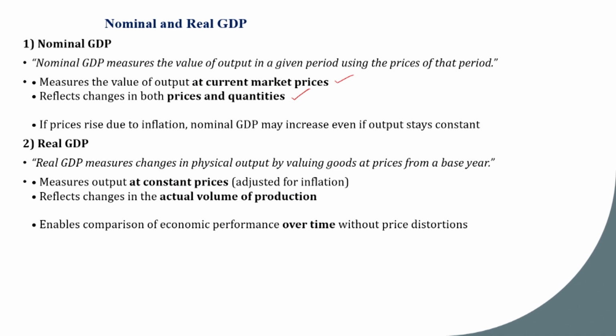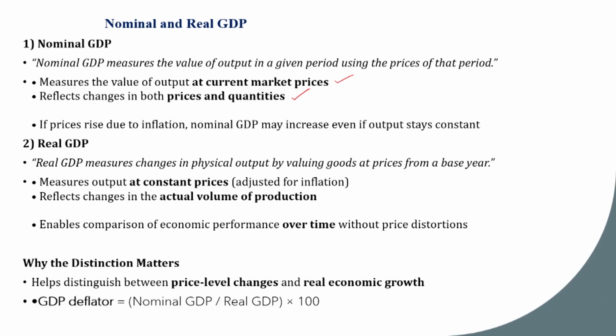So that means then we can easily compare the GDP of 2020 with 2025. So it reflects changes in the actual volume of production, and it enables the comparison of economic performance over time without price distortions.